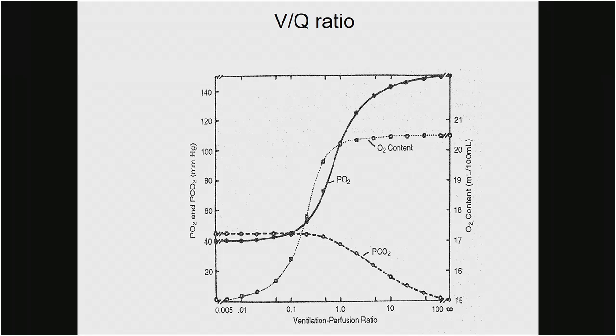So here is the example of an alveolar unit that is perfused by venous blood, which has 40 millimeters of mercury of O2 and, in this example, 46 millimeters of mercury of CO2. Since there's no ventilation, you can see on the opposite side, which would be the pulmonary vein, reaching the left part of the heart, that the content of PO2 and CO2 are not changed.